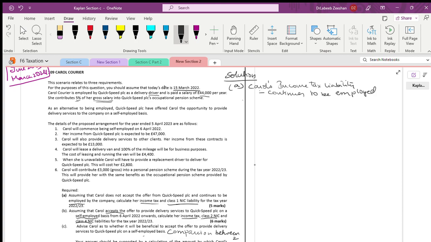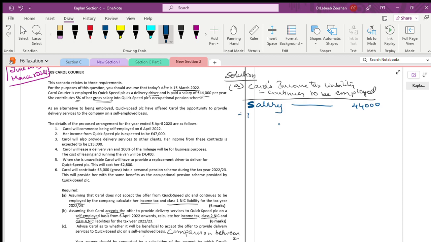We need to write this. How much is the salary? She is employed by Quick Speed as a driver and is paid a salary of 44,000. And how much does she contribute to the occupational pension scheme? That is exempted.